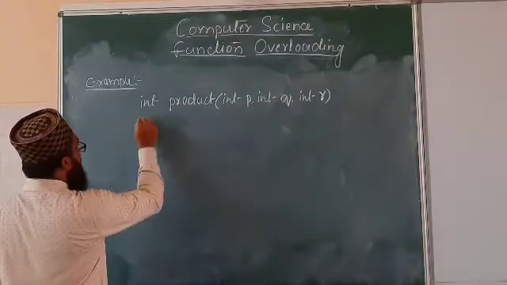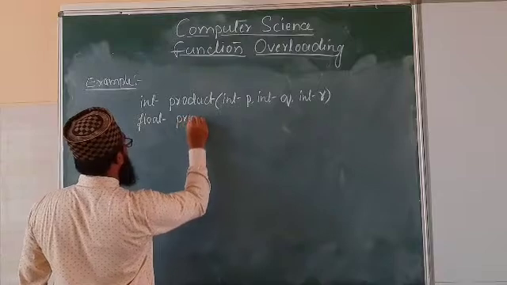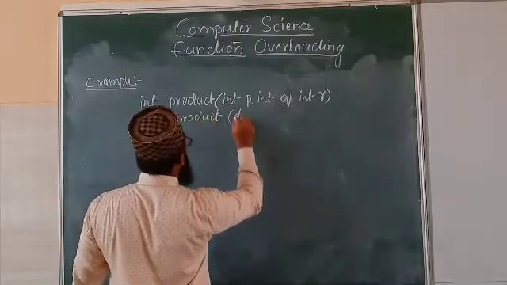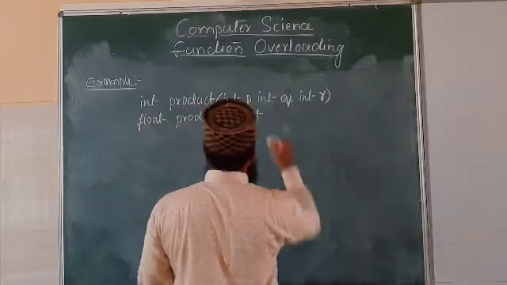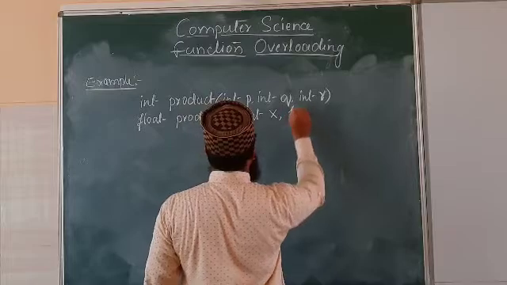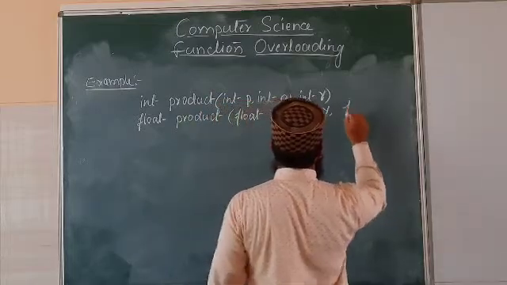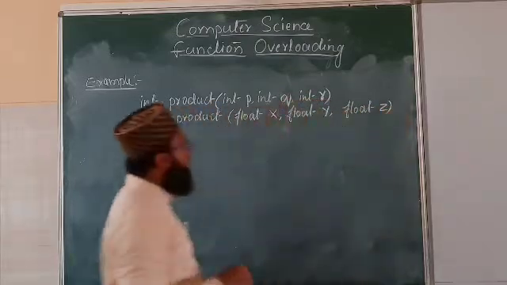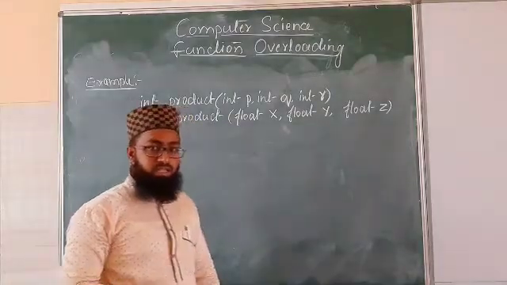Take one more type for product, that is float product, and here also three arguments: float x, comma, float y, comma, float z. Both the functions have three arguments but differ in data types.